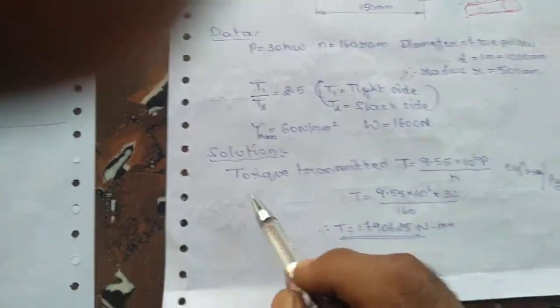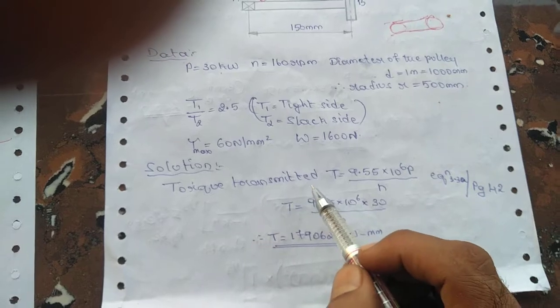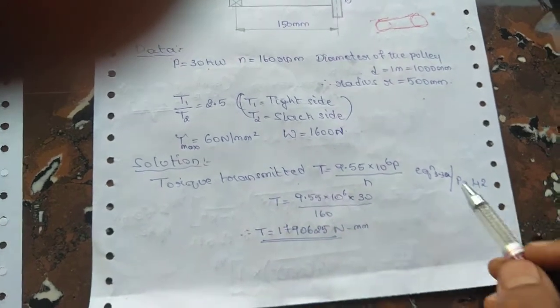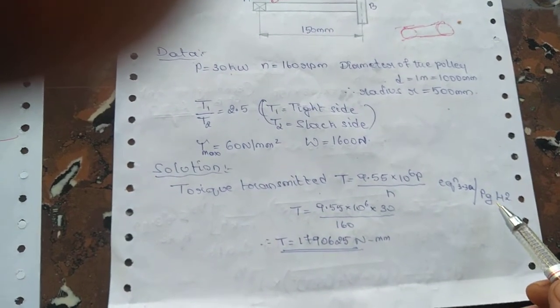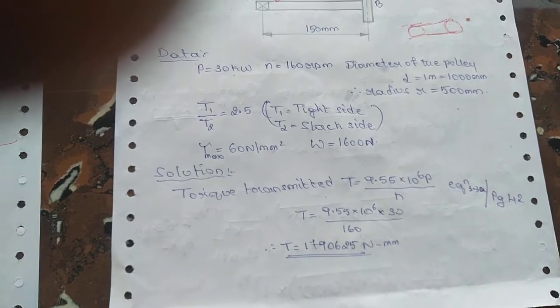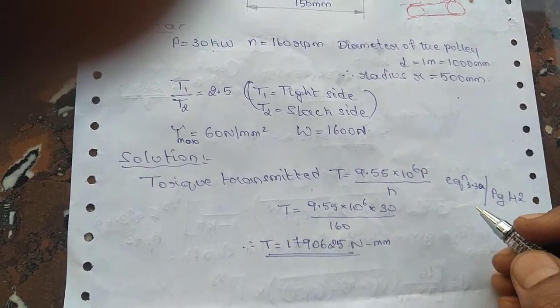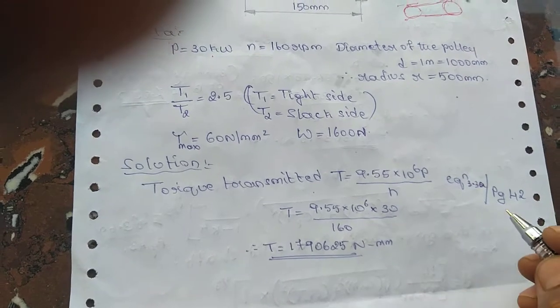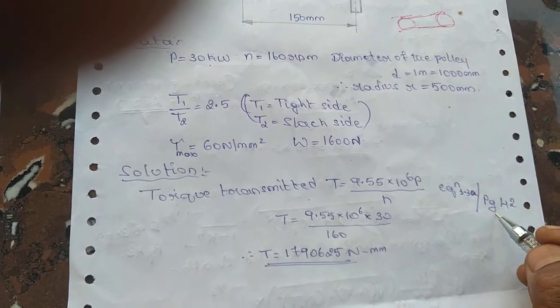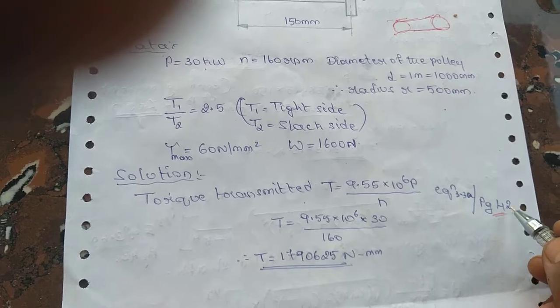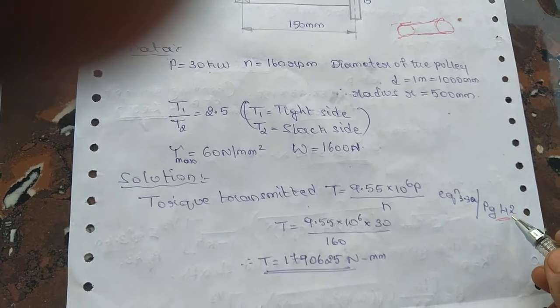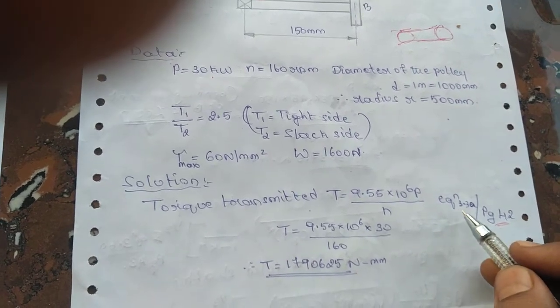Next, solution. The torque transmitted is available in page 42, equation number 3.3e. I have referred to the third edition design data handbook. The page number may vary in the fourth edition. This may go to page number 48, and this equation is 3.3e.